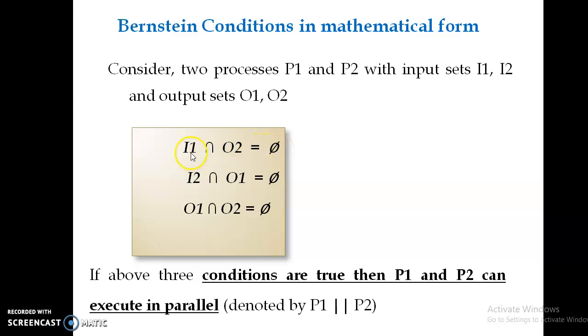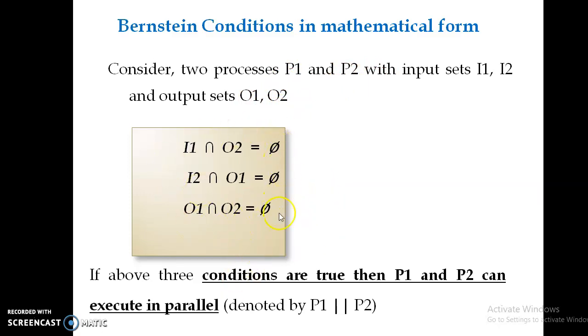It means that the input set of process 1 and the output set of process 2 have no element in common. The second condition is I2 intersection O1 is equal to null, that is, the input set of process 2 and the output set of process 1 have no element in common. And the last condition is O1 intersection O2 is equal to null, that is, the output sets of both processes have no element in common.